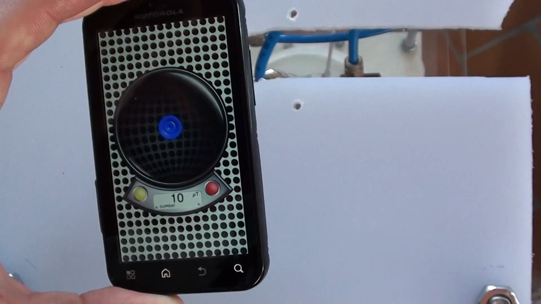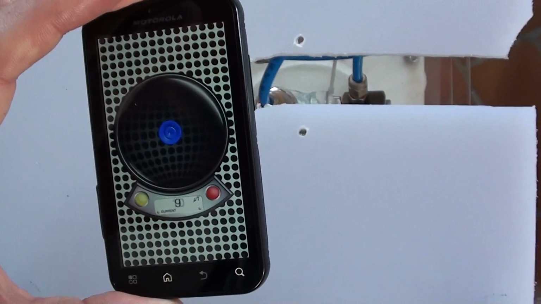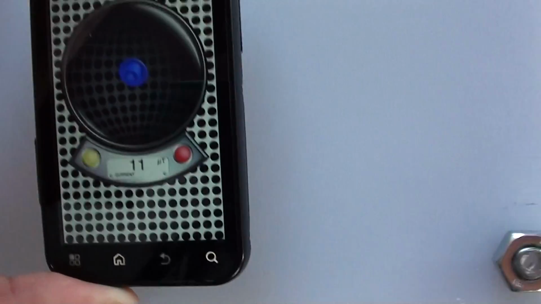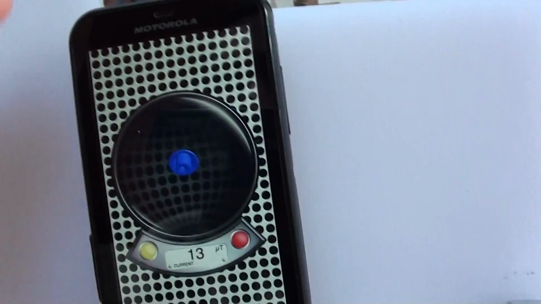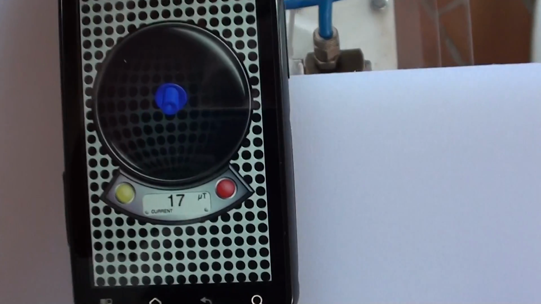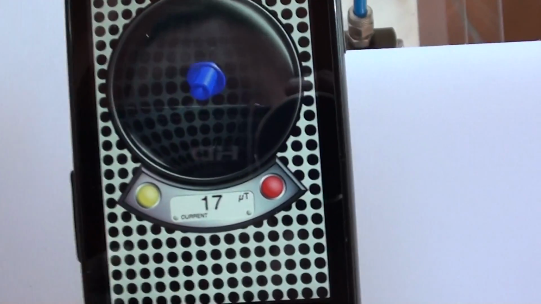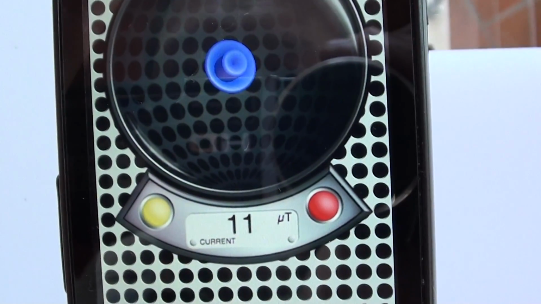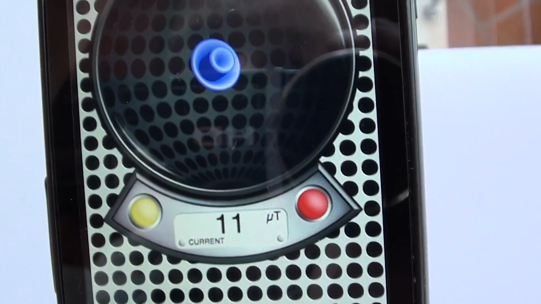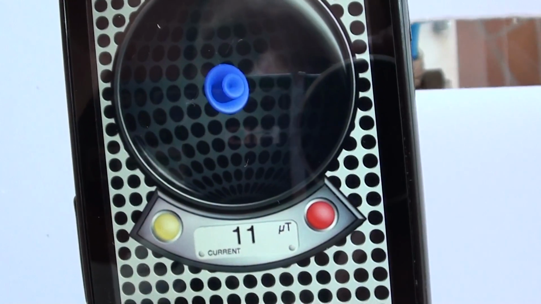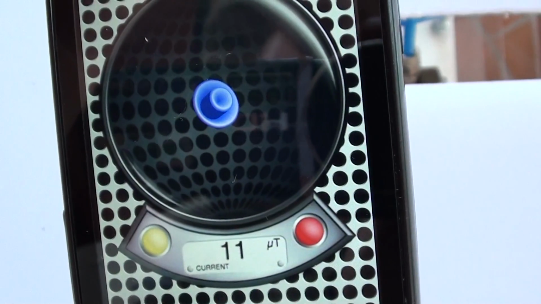So this seems like a south pole of the plasma system. And the field magnitude is lower than the background field, which was around 50 microtesla.